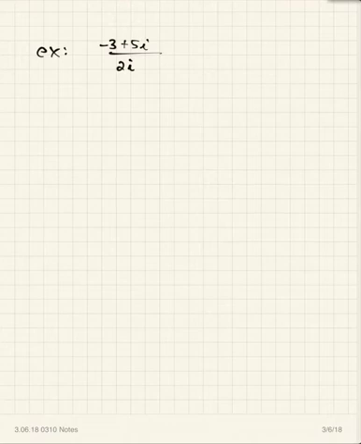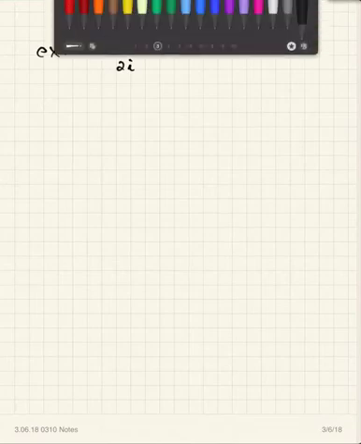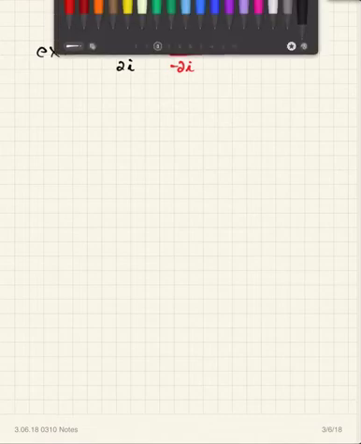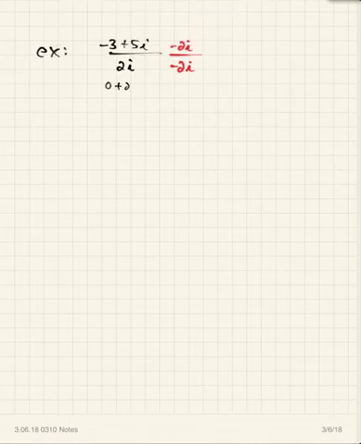So if you're going to multiply by the conjugate of the denominator in this problem, the conjugate of the denominator is just negative 2i. Technically, it'd be 0 minus 2i, right? The original denominator is really 0 plus 2i. And so what we're really multiplying by is 0 minus 2i. But 0 minus 2i is just the same thing as negative 2i.